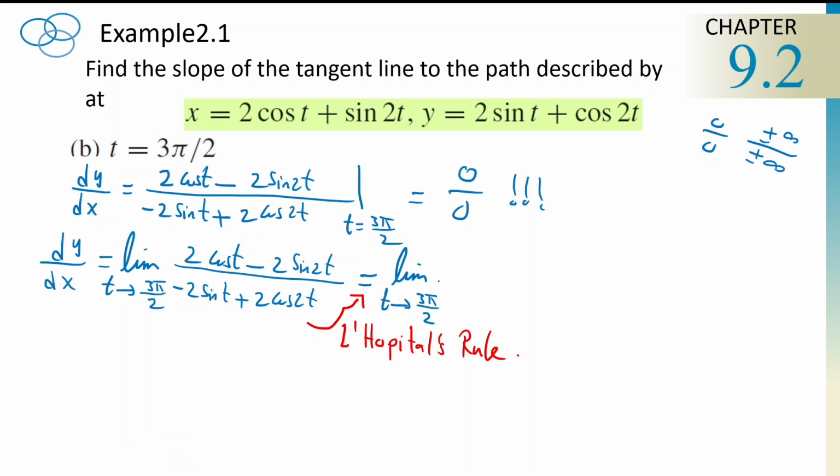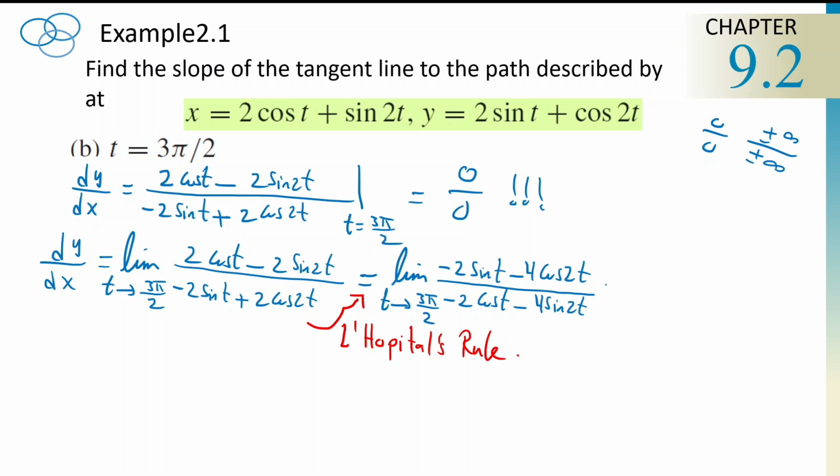So for L'Hopital's rule, I need to find the derivative of the numerator divided by the derivative of the denominator. Let's try. So this is negative 2 sine of t minus 4 cosine 2t divided by negative 2 cosine t minus 4 sine 2t.